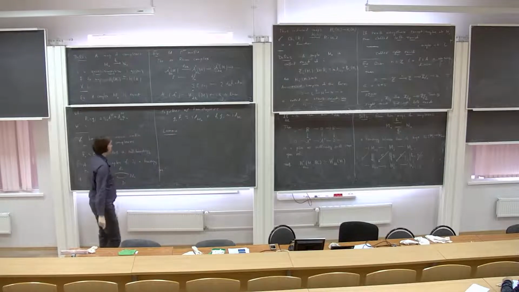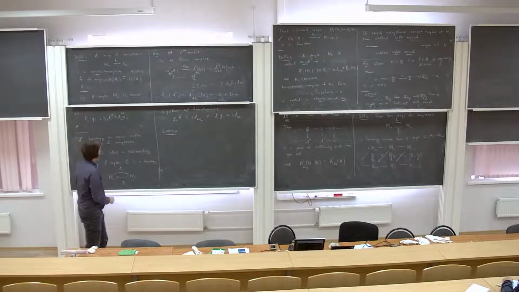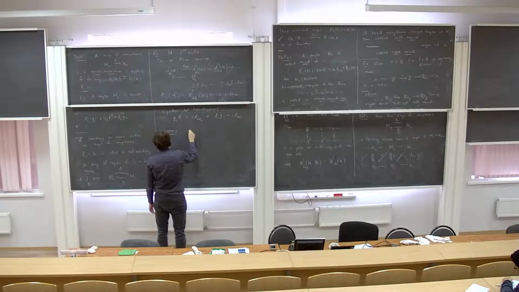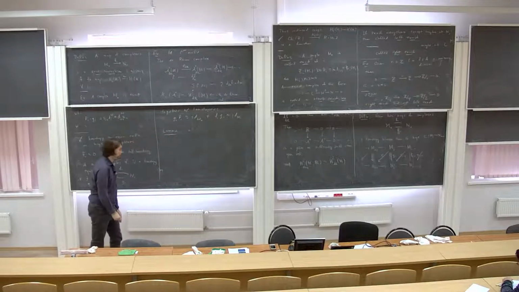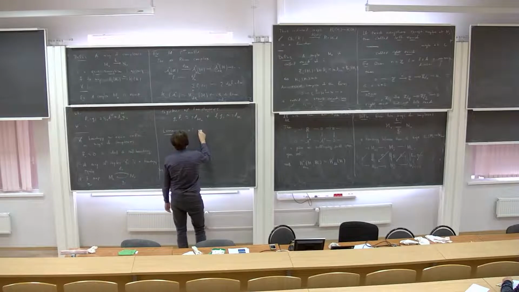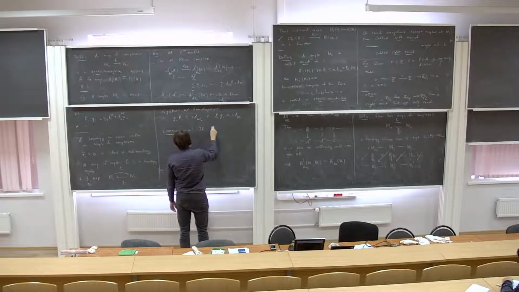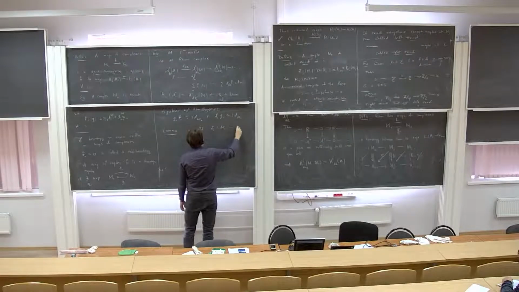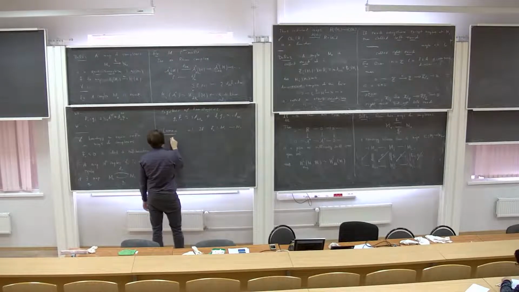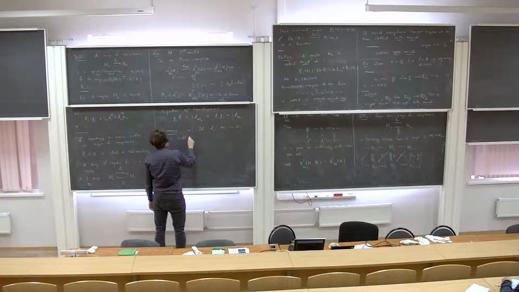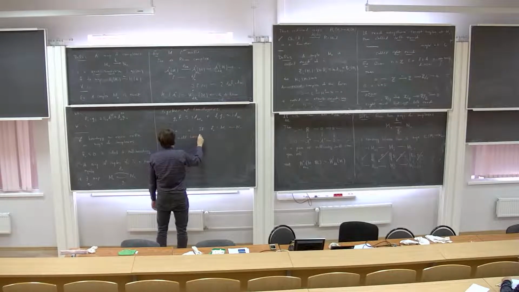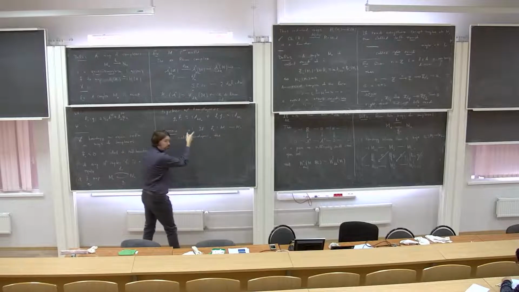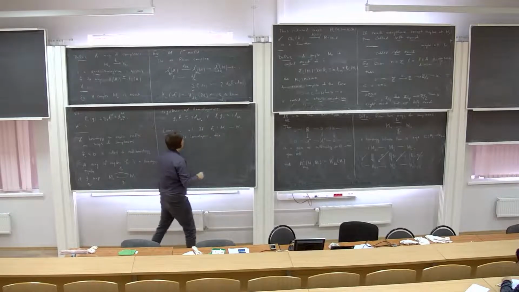So here's a lemma saying how all of this is related to homology. So this is the important fact from which everything else follows. So if a map of complexes is null homotopic, the map in homology that it induces is 0.